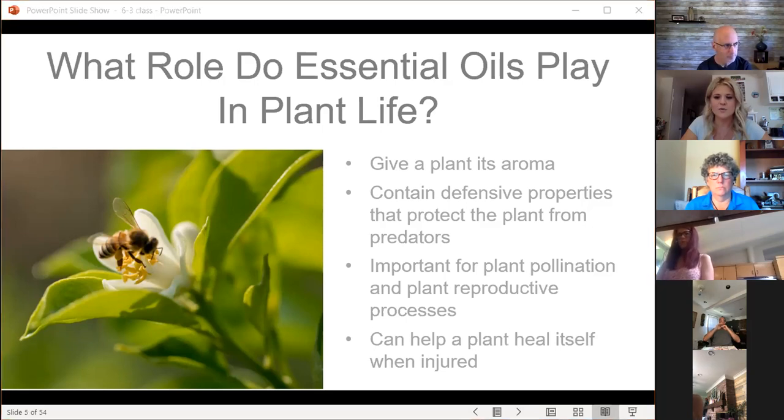In a lot of cases, essential oils give plants their aroma, but in addition to that distinct smell, they also give plants a defensive property that helps protect them from insects and some herbivores. Essential oils are also very important in plant pollination and the reproductive process. They can also help heal the plant when it's injured, kind of the way it helps us when we're injured.